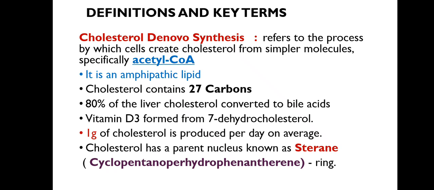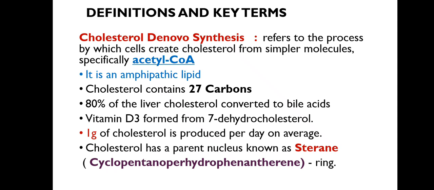So you must understand what we mean when we say cholesterol synthesis. Many of the times you come across books or tutorial videos on YouTube that are going to use the term de novo synthesis of cholesterol. Now, when we say de novo synthesis, it's a term that describes a biochemical pathway that involves formation of a molecule from scratch.